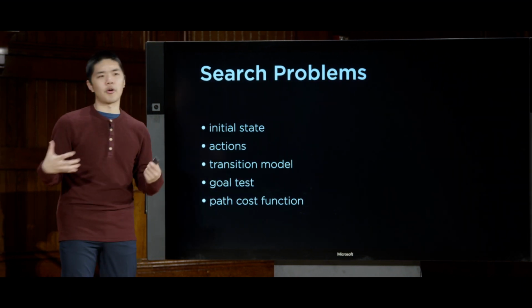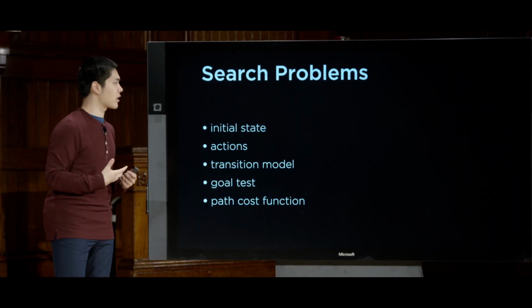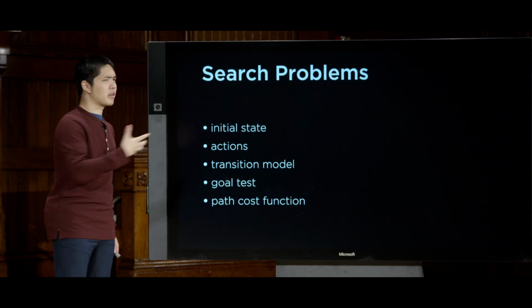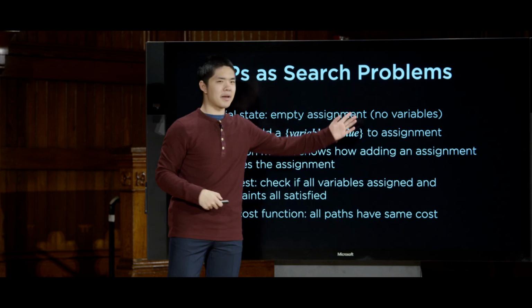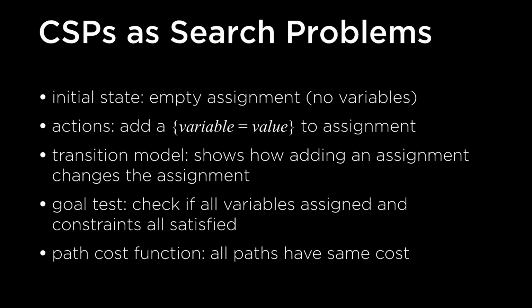So you could formulate a CSP, or a constraint satisfaction problem, as one of these types of search problems. The initial state will just be an empty assignment, where an assignment is just a way for me to assign any particular variable to any particular value. So if an empty assignment is no variables are assigned to any values yet, then the action I can take is adding some new variable equals value pair to that assignment, saying for this assignment, let me add a new value for this variable.